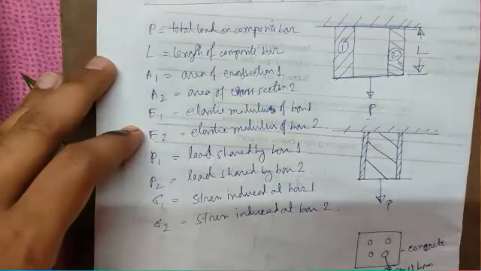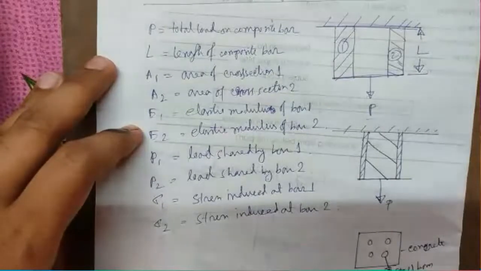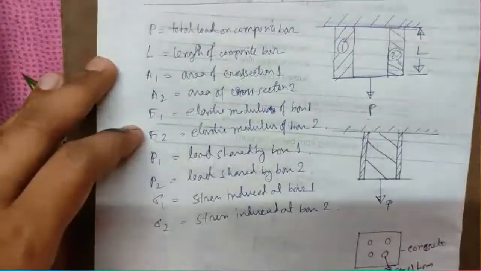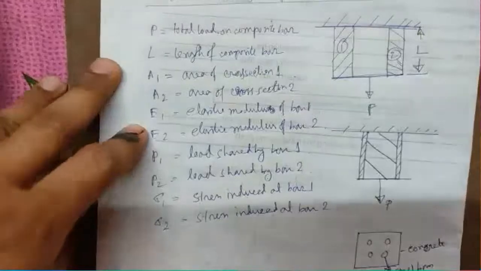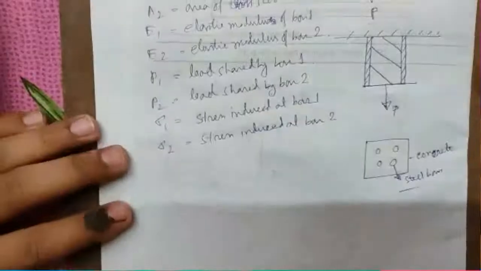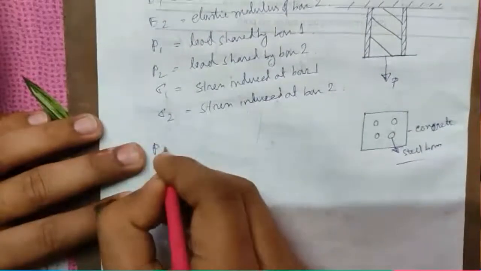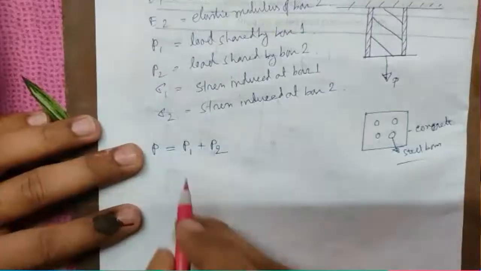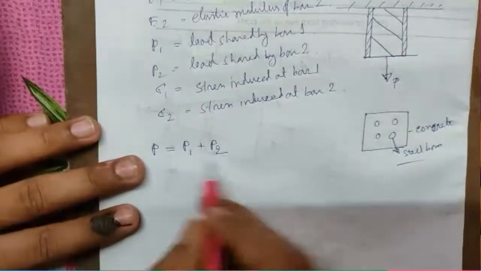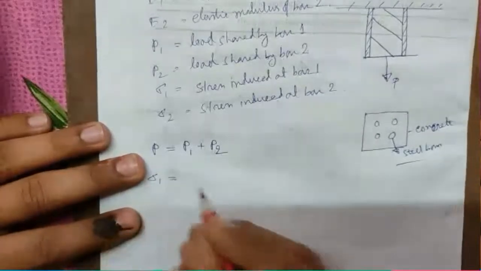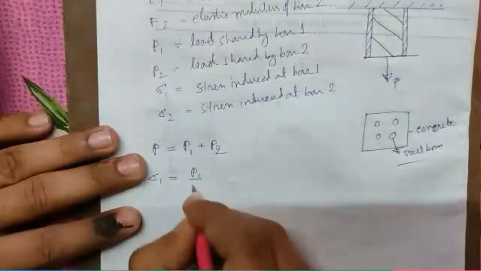We will find the equations we can write for this case. As we have discussed, the total load will be shared by two different bars. The load shared by bar 1 is P1, and the load shared by bar 2 is P2. The stress in bar 1 will be P1 by A1, and the stress in bar 2 will be P2 by A2.